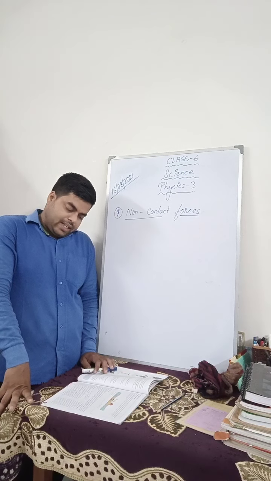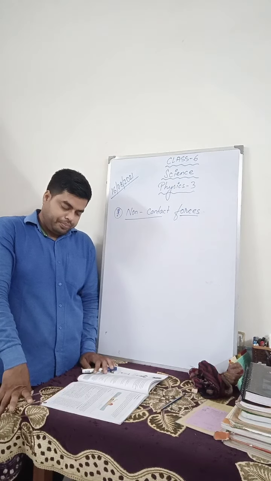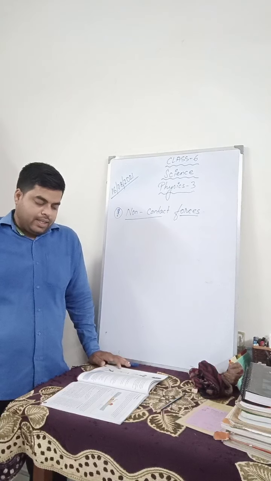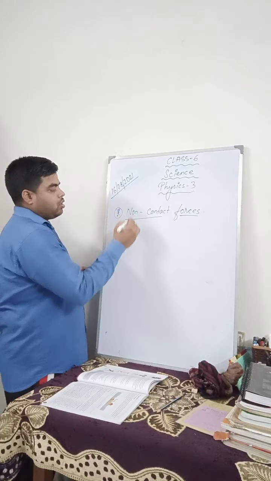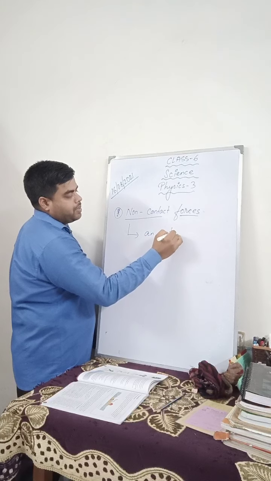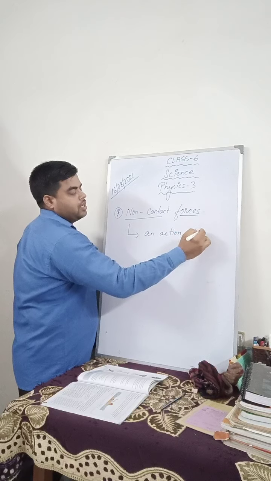This kind of force acting between any two bodies that do not have any physical contact between them is called a non-contact force. It is also known as an action at a distance, that means an action that takes place without coming in contact with the object.